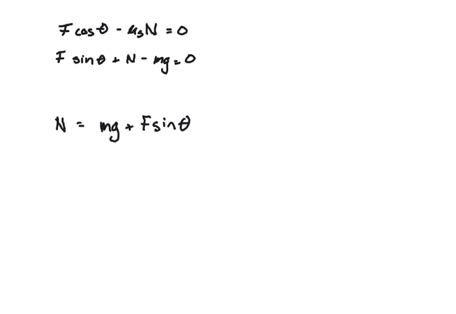I meant to. I can subtract the f sine theta. There we go, to move them to the other side. So now I have something I can use to replace n.